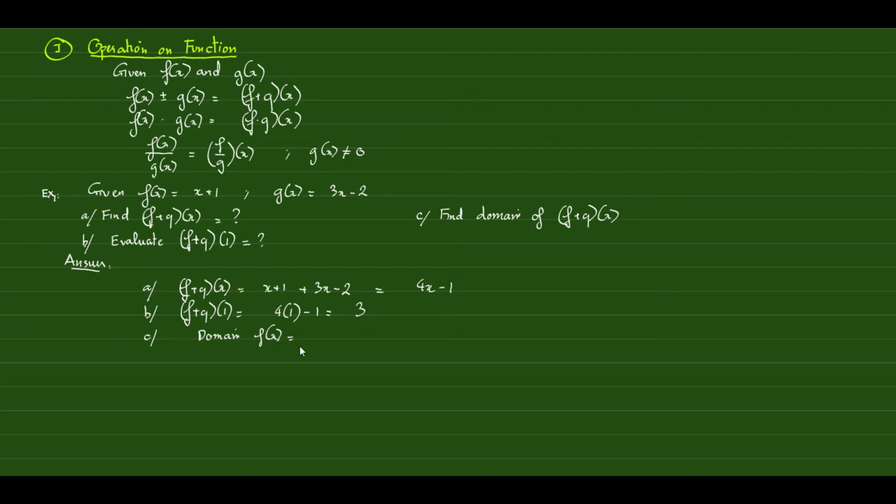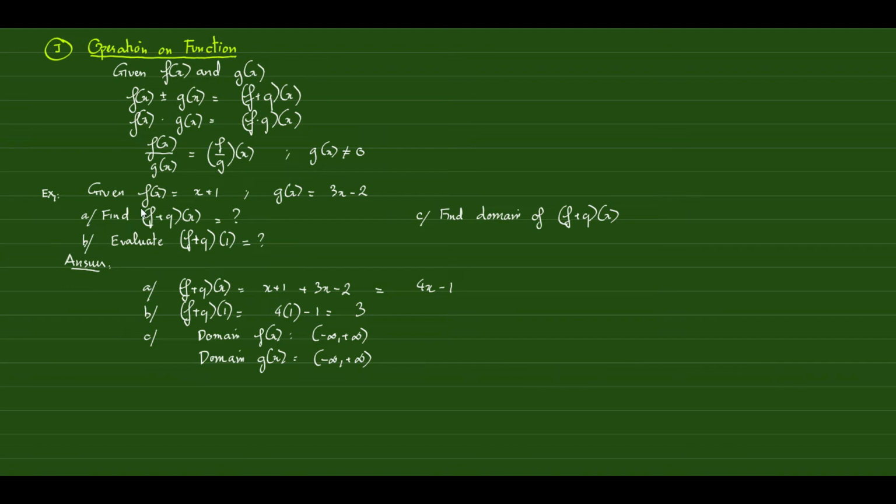This is a line, so the domain is from negative infinity to positive infinity. Sorry, but the domain of g of x is also from negative infinity to positive infinity, because both of them are linear functions.